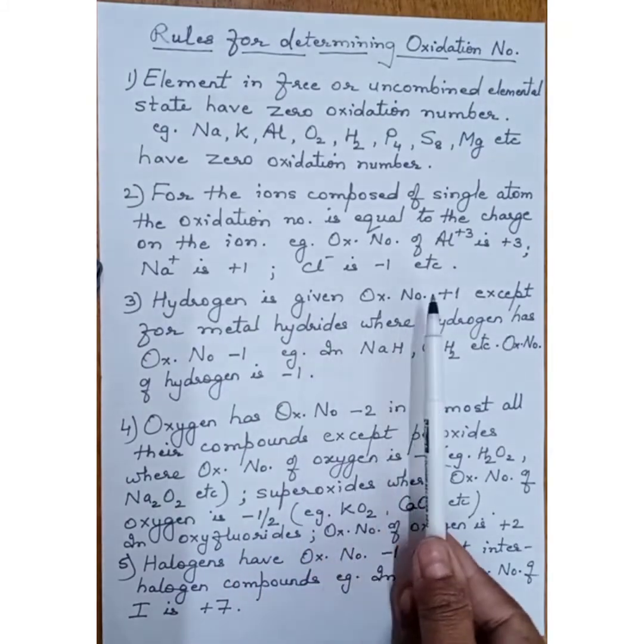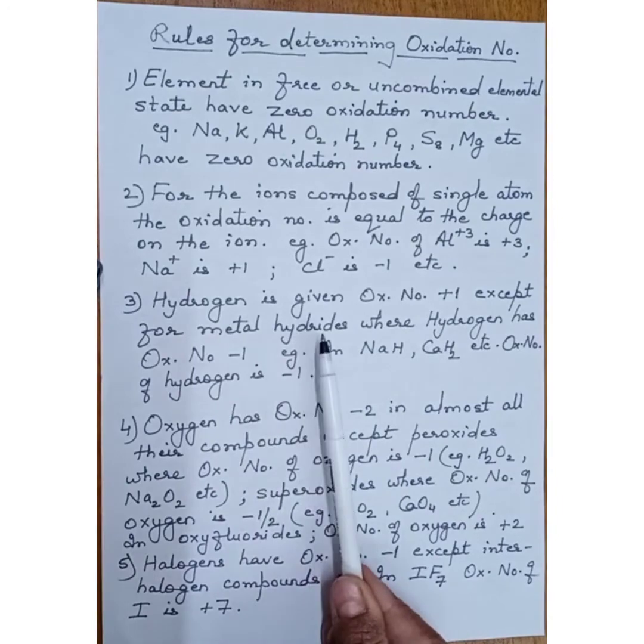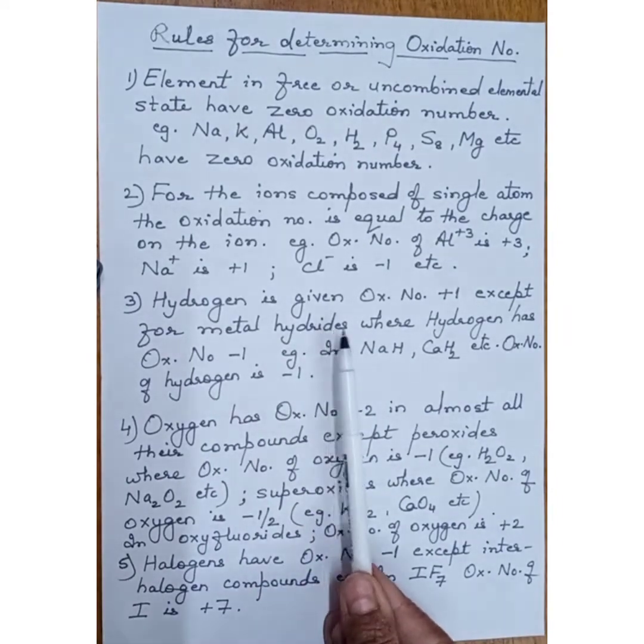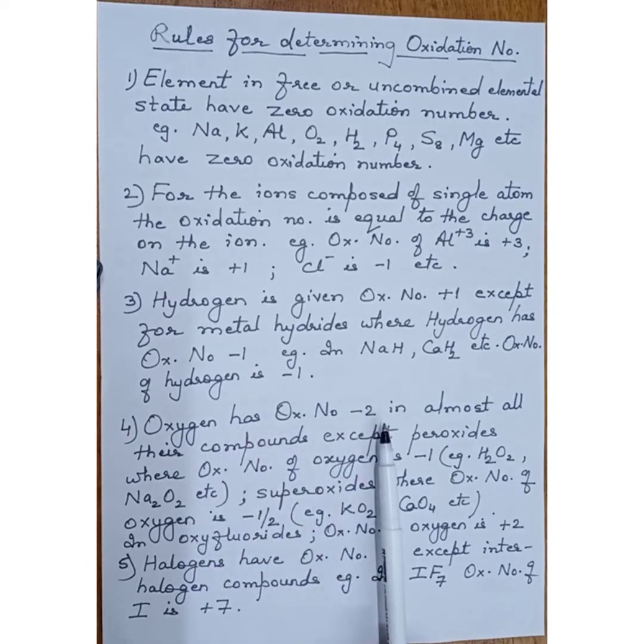Hydrogen is given oxidation number +1, except for metal hydrides. In case of metal hydrides, hydrogen has oxidation number of -1. Oxygen has -2 oxidation number in almost all its stable compounds except peroxides, where the oxidation number of oxygen is -1, as well as in case of superoxides, where the oxidation number of oxygen is -1/2.